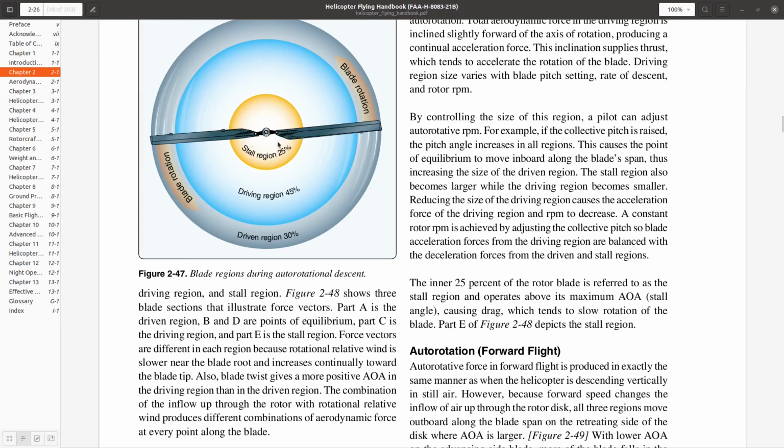This airfoil is stalled out. And then we have the driving region. This driving region is causing this thing to turn. And then out at the tips, we have the driven region. This is producing that little bit of lift that you're getting. So, it's roughly 30% that are actually doing anything. And a big chunk of this isn't doing anything for you. But hey, it's still spinning, so we're good.